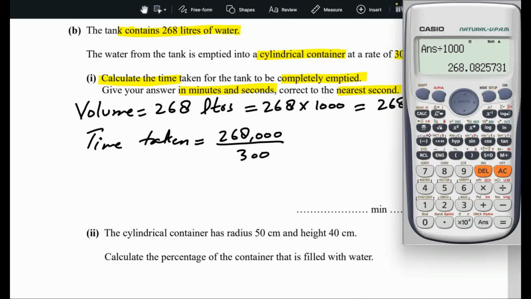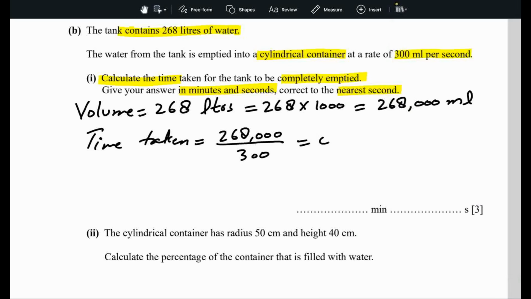So fraction 268,000 divided by 300. This will be equals to 893.33.